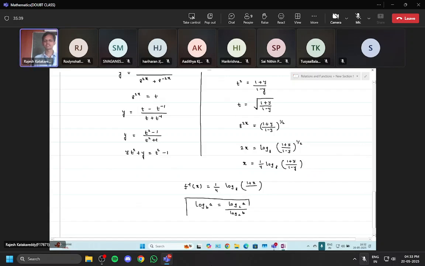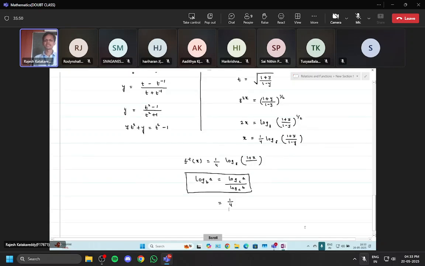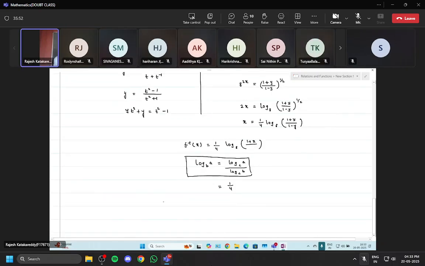We can apply this theorem and then write 1 by 4 into, base 8 is there, that base 8 we can write as base e. So this is log of (1 plus x) by (1 minus x) base e, and in the denominator we have log 8 base e.